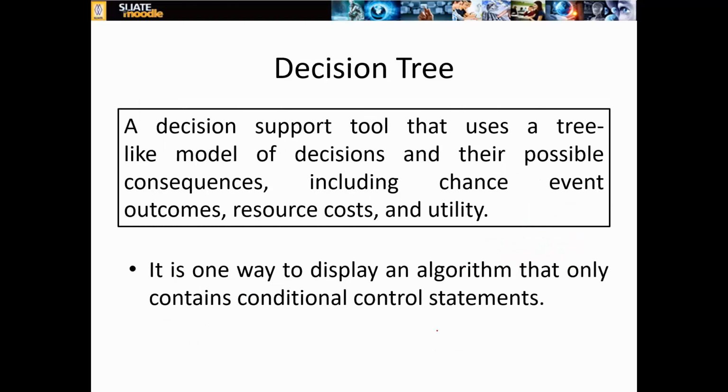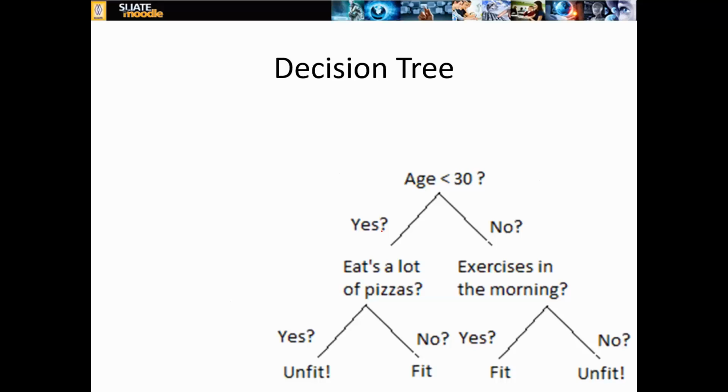And decision tree, a decision support tool that uses a tree-like model of decisions and their possible consequences, including chance event outcomes, resource costs, and utility. Right? Here you see a decision tree.